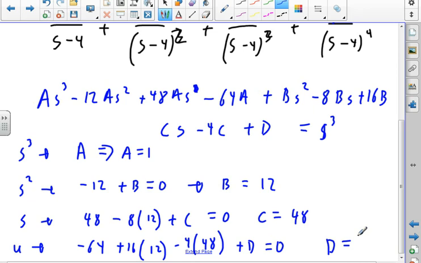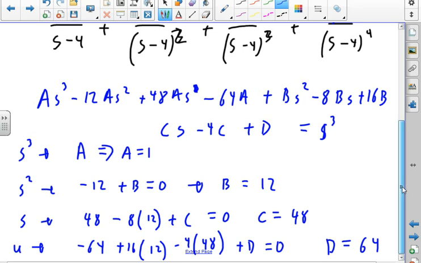Minus 64 plus 16 times 12 minus 4 times 48, and that means that d is 64, I think.